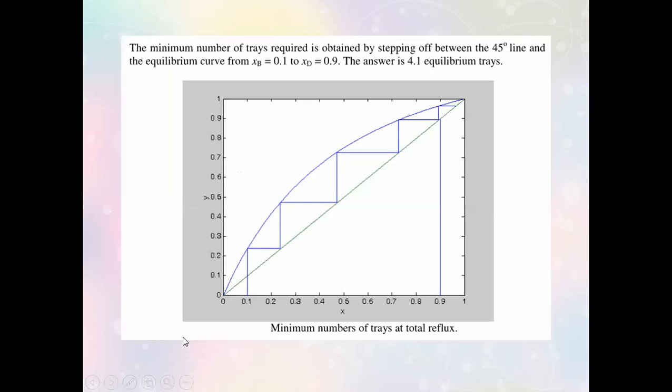So you could see here that your bottoms liquid is more or less, if this is 0.1, and 0.5 is here, so your 0.02 will be somewhere in here.